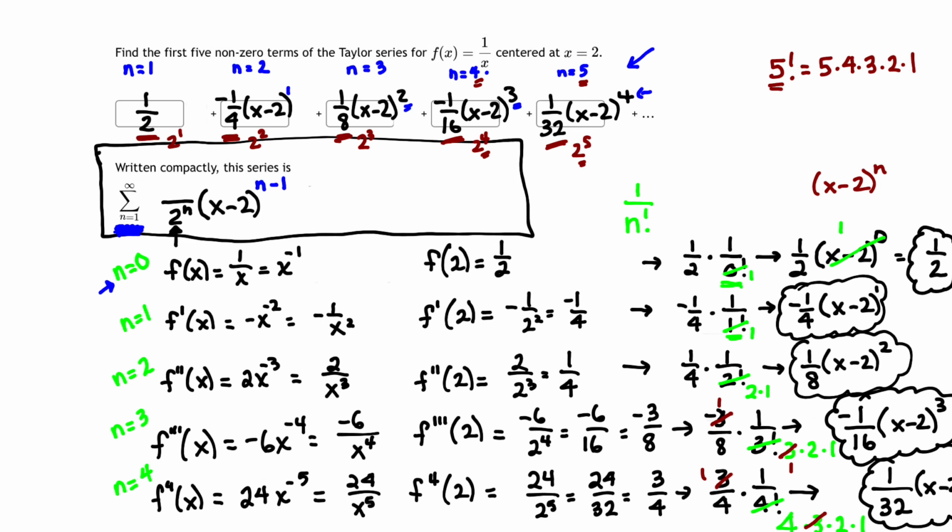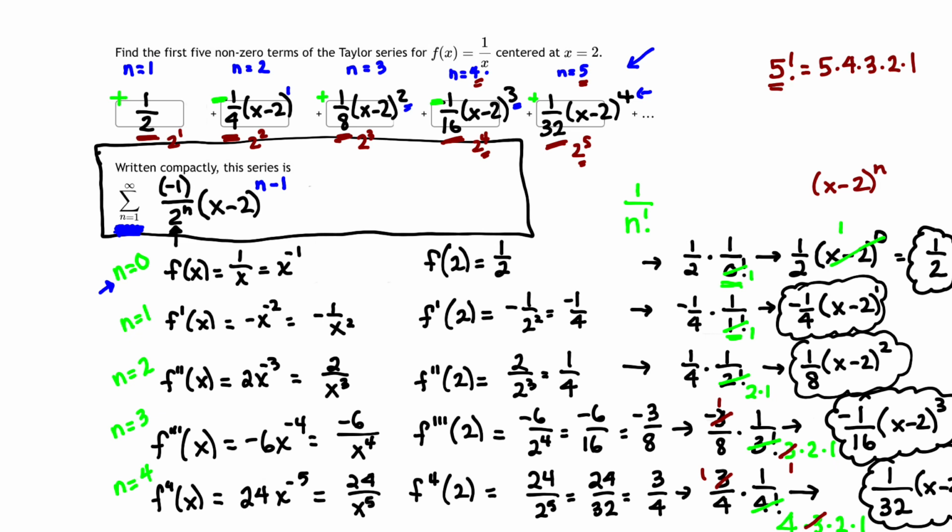Okay, one more piece we have to deal with, that being this negative. It's an alternating series. Notice we go from positive to negative, positive to negative, positive to negative, etc. And we know that to create an alternating series, we have to use negative 1 to the n or negative 1 to the n plus 1 or n minus 1.